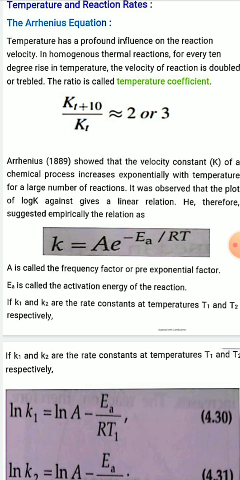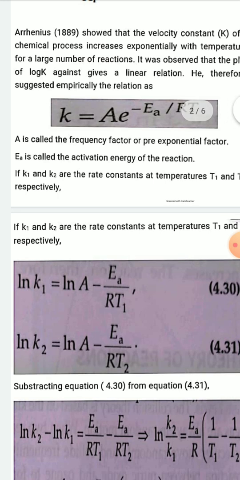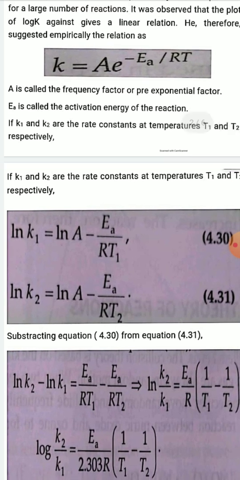If K1 and K2 are the rate constants at two different temperatures, T1 and T2 respectively, then by taking logarithm on both sides of the Arrhenius equation, you can write ln K1 is equal to ln A minus Ea by RT1, and ln K2 is equal to ln A minus Ea by RT2.